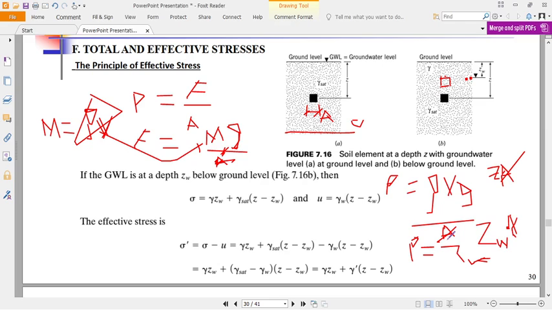Now the effective stress of the soil, or the weight of the soil skeleton alone, minus water, is equal to the unit weight times Z_W, this part which is above the water, plus the distance from here up to here times the submerged unit weight. That will give the total effective stress at this other point.